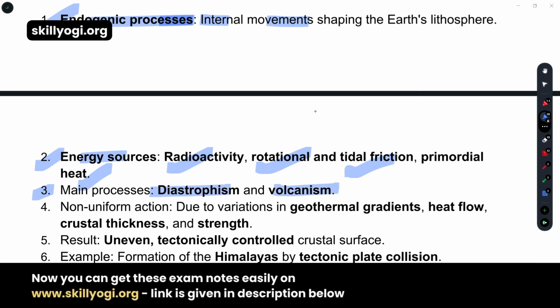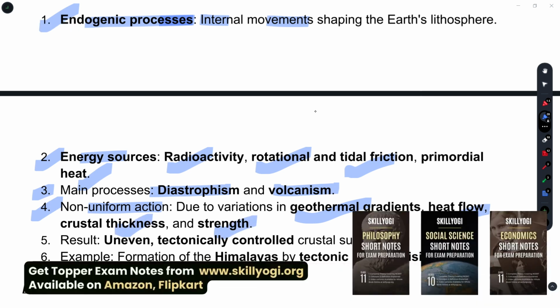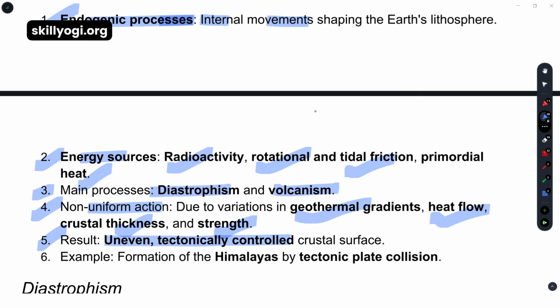What is diastrophism? We are going to learn that in the next paragraph. Non-uniform action, that means geothermal gradients, heat flow, crustal thickness, strength, these are the variations. So that's why we can't see uniformity over there. And the result is an uneven, tectonically controlled crustal surface.